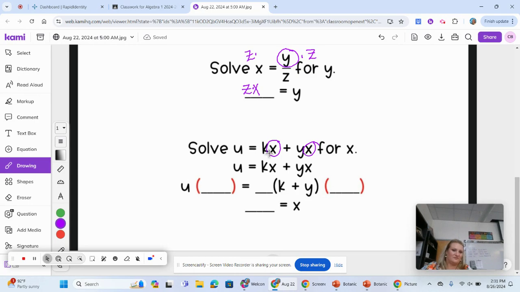You can get rid of the k and this y by dividing both of them, because you're multiplying the k times the x, and the y times the x. So you can divide by the k plus y, and then you can do that over here too. So you're dividing by k plus y on both sides.